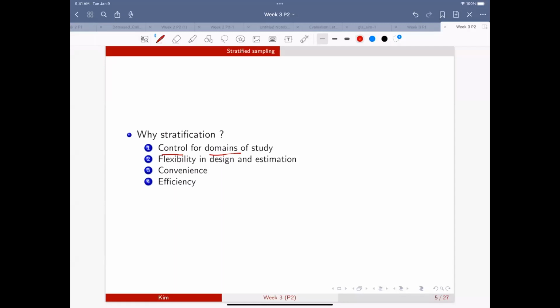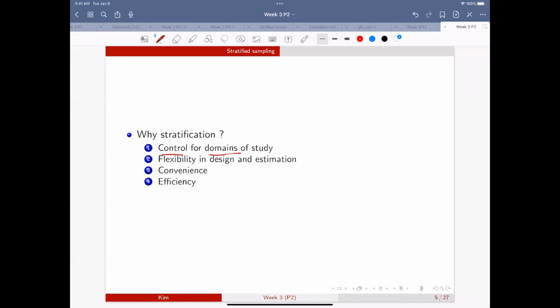Otherwise, if you just do simple random sampling over the whole United States, by random chance, Iowa may end up having no samples, right? That's not good. So we want to control certain precision, making sure a certain minimum number of samples is selected for each stratum. That is a practically quite important issue.